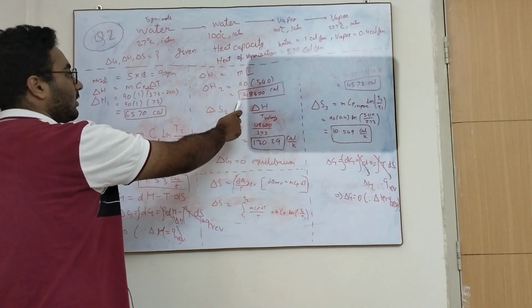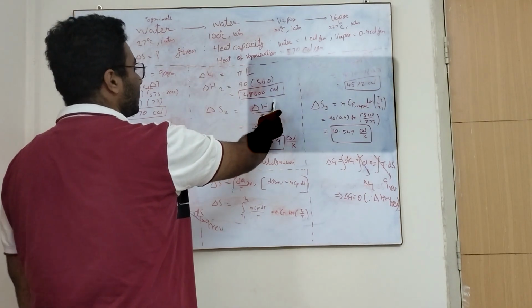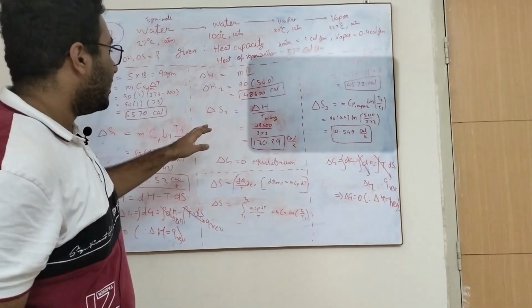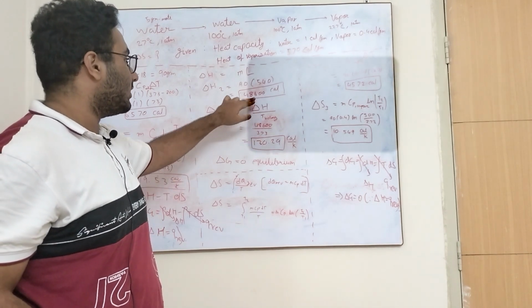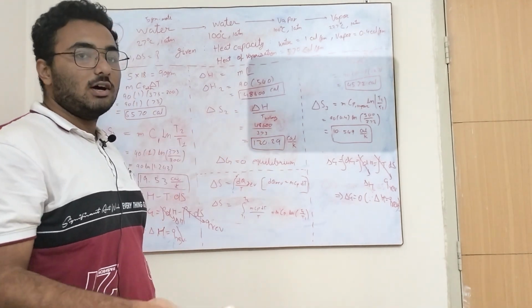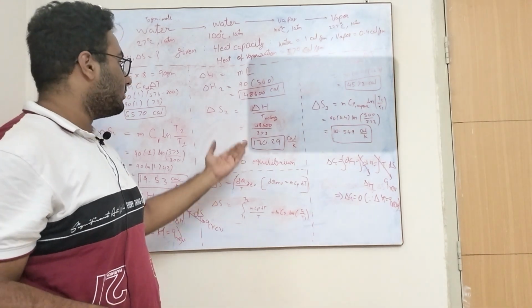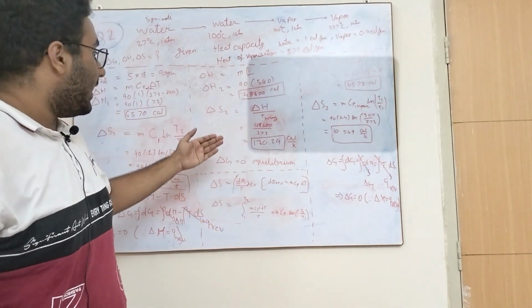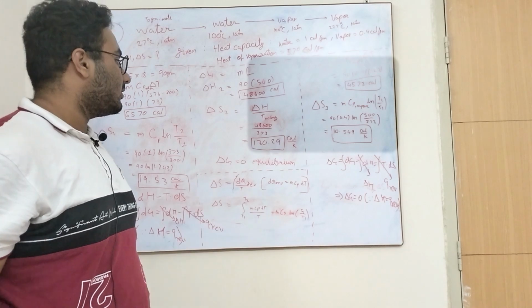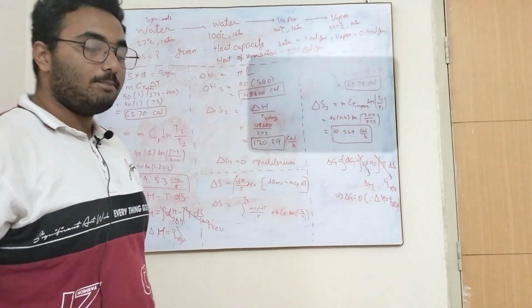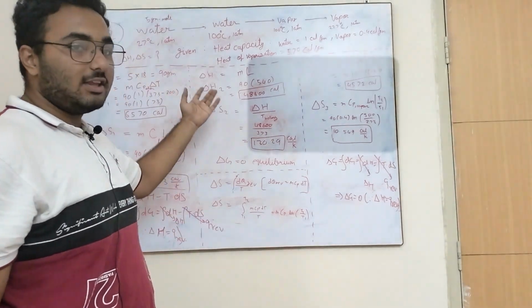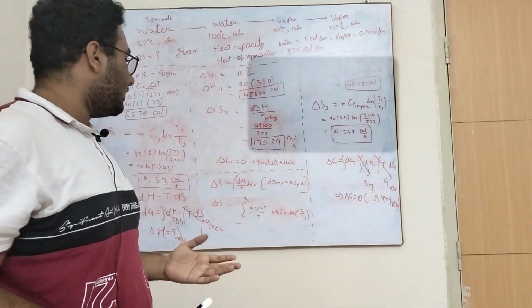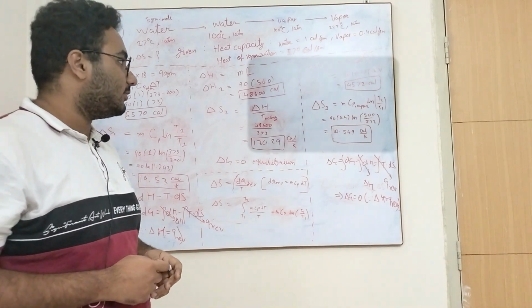Using that, we got 48,600 calories. Now delta S, as I told you, since the temperature is constant, we can use this formula, because delta Q would be equal to delta H here, and substituting the values, we get 130.29 calorie per Kelvin. Since vaporization is an equilibrium process, delta G would be 0.